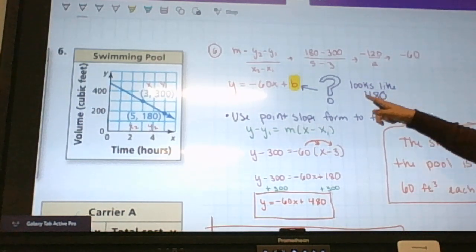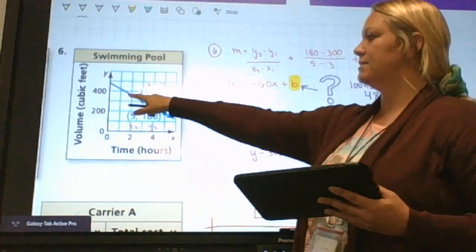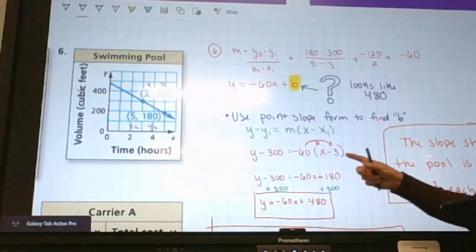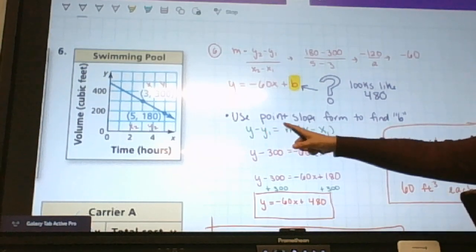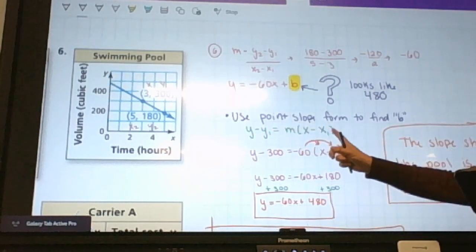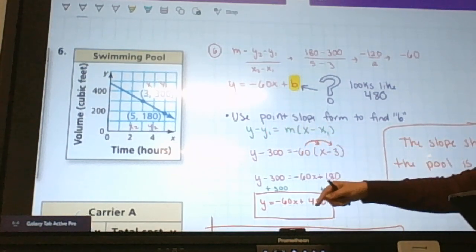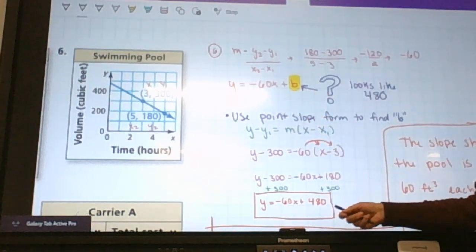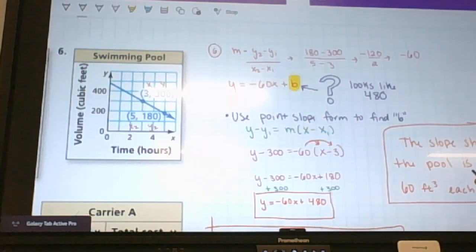Now, if you look at the y-intercept, it looks like it's about 480. That's what I said here. But I used y minus y1 equals m times x minus x1 from yesterday and today. I put in the first point and the -60 slope, and I got a y-intercept of 480. The slope shows the pool is losing 60 cubic feet each hour.